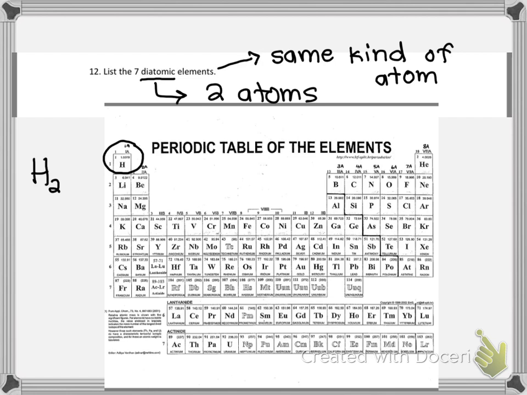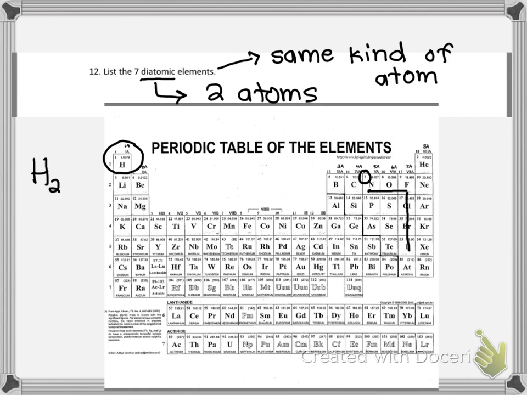Now I use the periodic table to help me remember the other 6 elements. So there's 7 total, and if you go to element 7, you'll find the first one is nitrogen. And if you go across and down, then you will find the other 6.